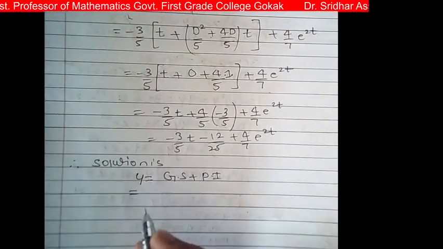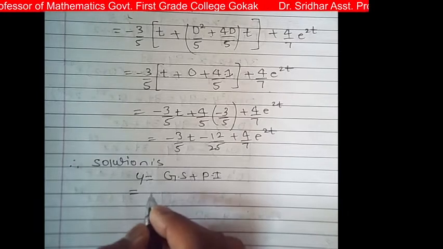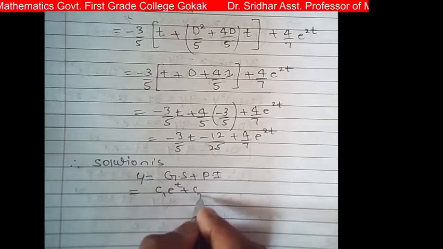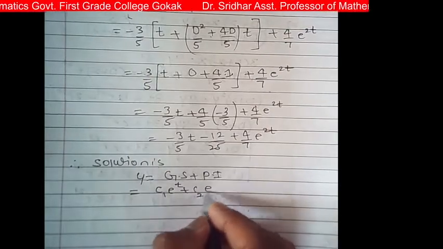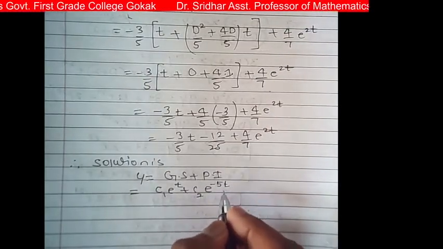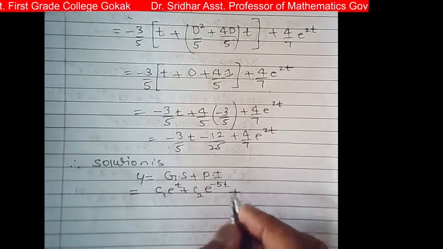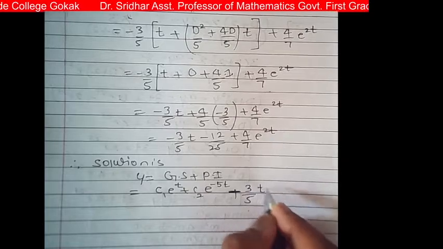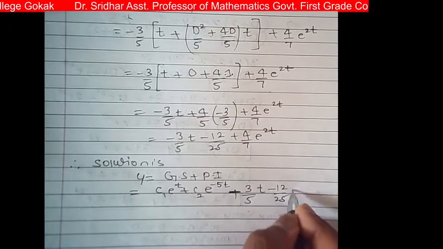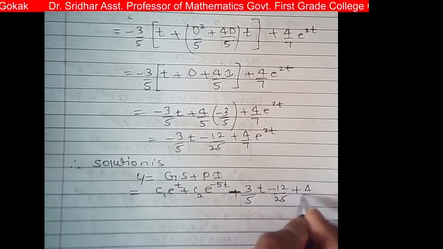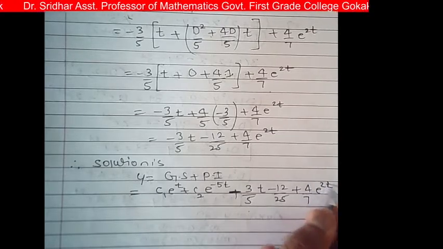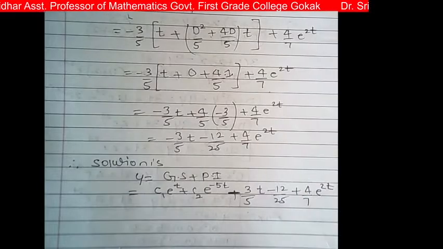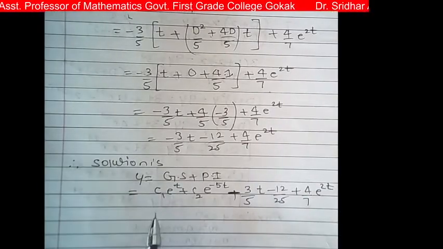The general solution is c1 e raised to t plus c2 e raised to minus 5t, then plus the particular integral, which is minus 3 by 5t minus 12 by 25, then plus 4 by 7 e raised to 2t. So this is the general solution, that is y.